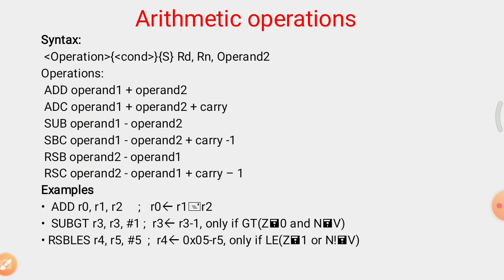Then we have SUB, which is subtract. So this instruction is going to subtract operand 2 from operand 1. So the value is going to be loaded into Rd. Here operand 1 is Rn, operand 2 is any of the registers.